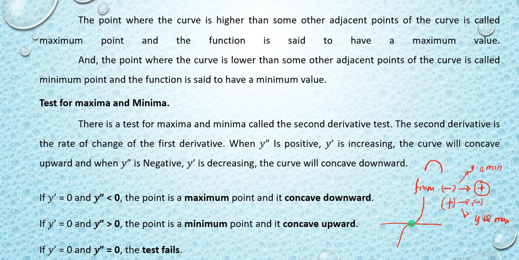This point, that is y prime equals 0, and in this higher part, y prime is greater than 0, and also here in the lower part, y prime is less than 0.